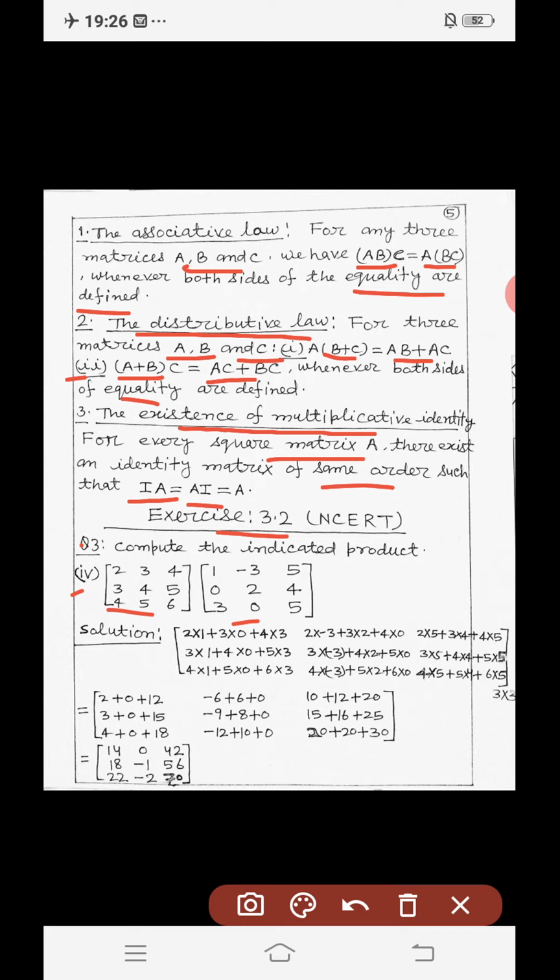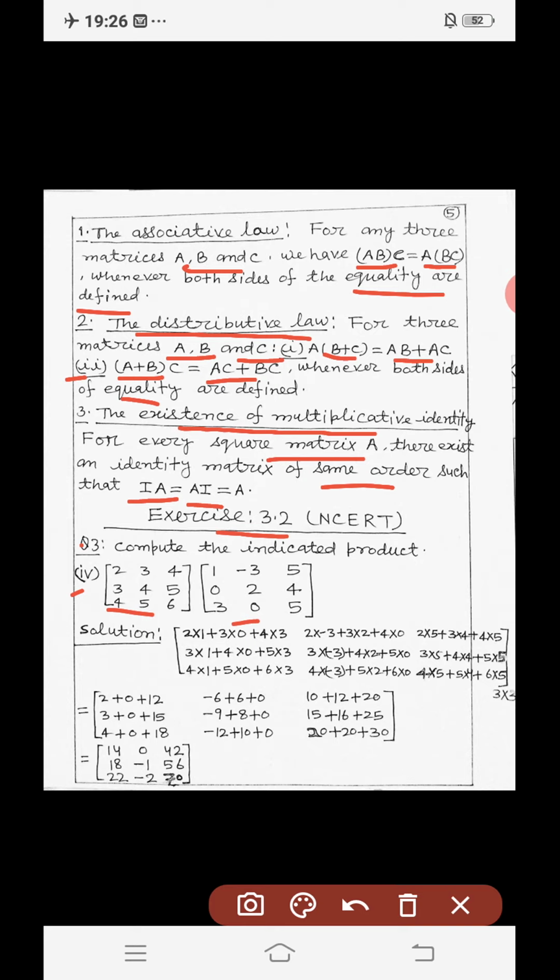Dear students, since both are square matrices, the product of matrices is defined, which means the number of columns of the first matrix is equal to the number of rows of the second matrix.